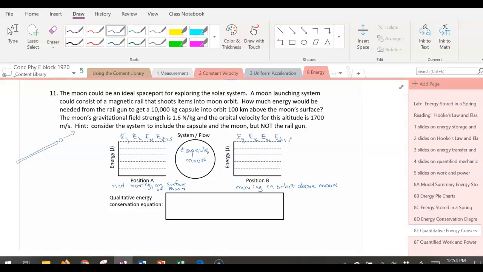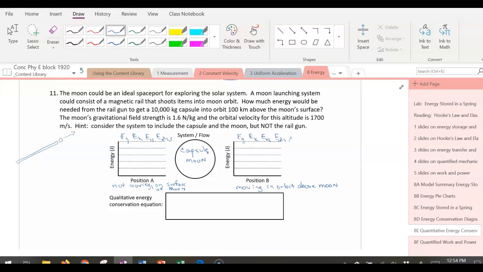Okay, so at position A, the capsule doesn't have any gravitational energy. It's on the ground, right? And it has no kinetic energy. It's not moving. There's nothing in this system that has the ability to store elastic potential energy. So there's no real mechanical energy at the beginning.